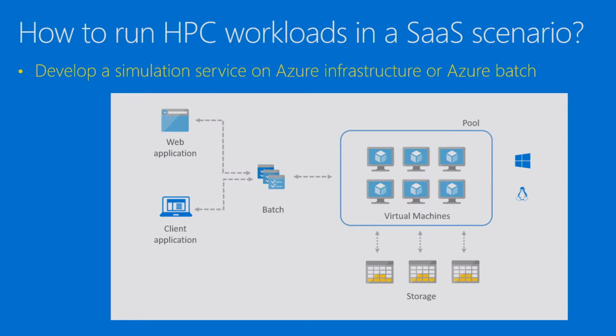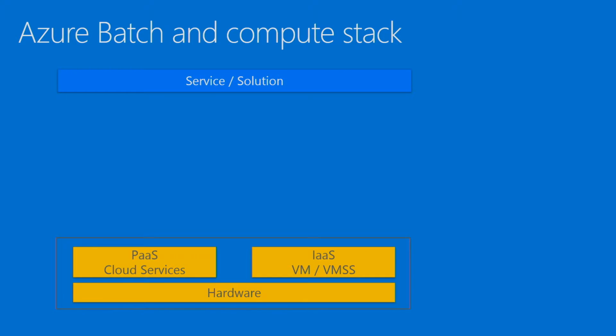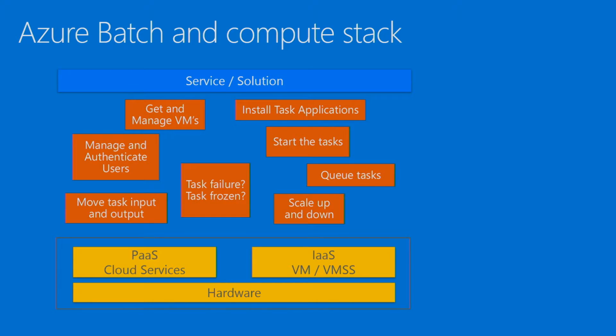And a lot of ISVs, if you're an ISV here in the audience and you want to build a service, this is how some of our customers are doing it. And we have a very interesting technology called Azure Batch. Azure Batch is a service today, and it's built on basically VMs and some of the cloud services in Azure. And these are the things that we just talked about, right?